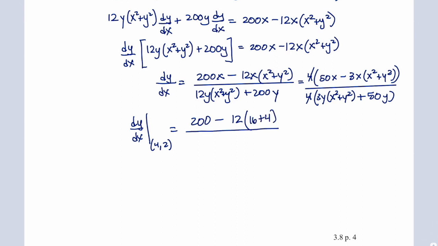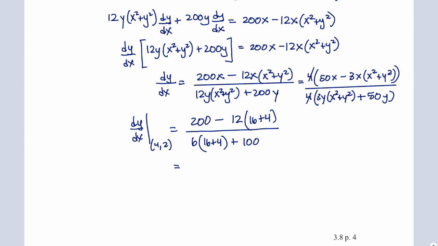And in the denominator, I'm going to have 3y, which is 6, times x squared plus y squared, so 16 plus 4, plus 50y, so plus 100.